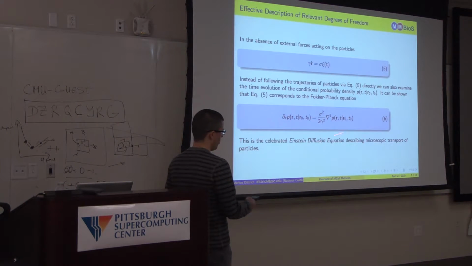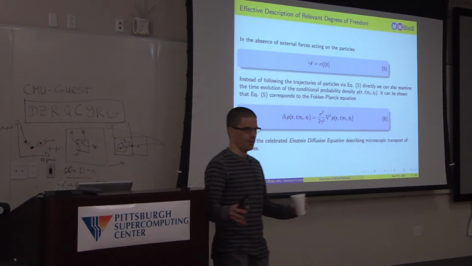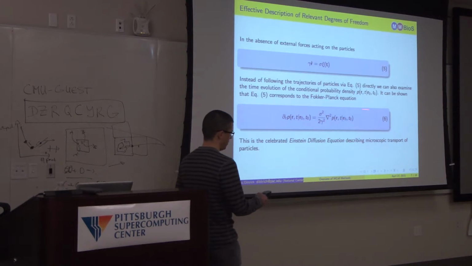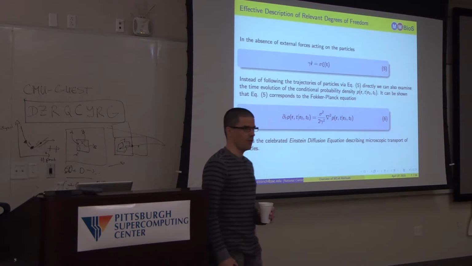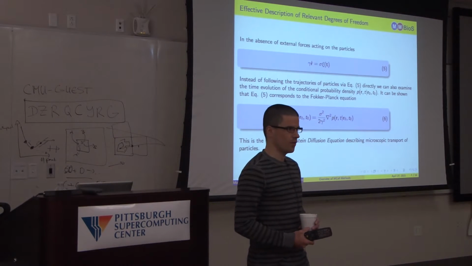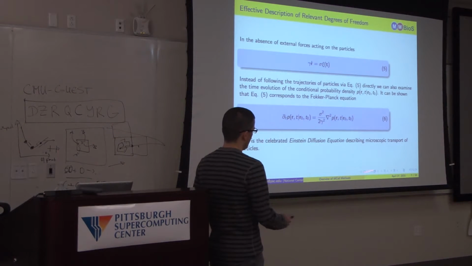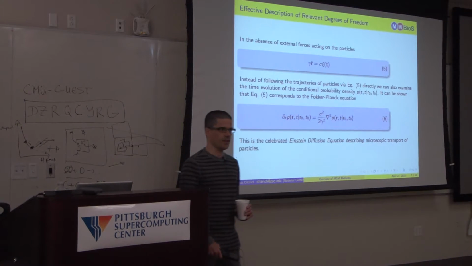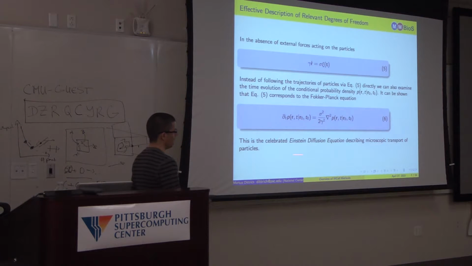Here we're interested in the probabilities of particles being at a certain point in space at certain times, given that they were at point R0, T0 at a different time. And this is actually what's known as the Einstein diffusion equation, or one incantation of it. So for the diffusion part of MCell, this is really what we're dealing with. We're solving this equation, where we're sampling our system so that it actually is a solution to this diffusion equation.